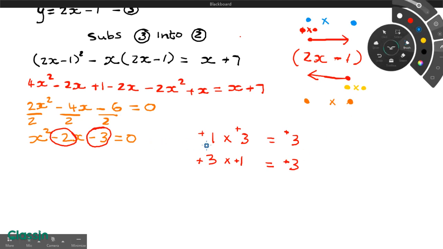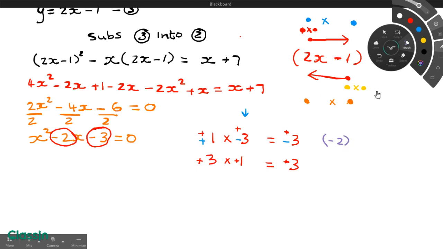Now let me change. In most cases, I start changing this side. If I say positive and a negative, what do you get? You get a negative answer when you multiply. But what happens when you add? When you say plus 1 minus 3, a smaller number minus a bigger number, you get negative 2.